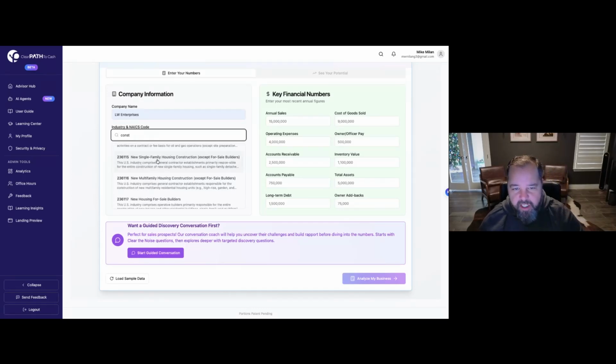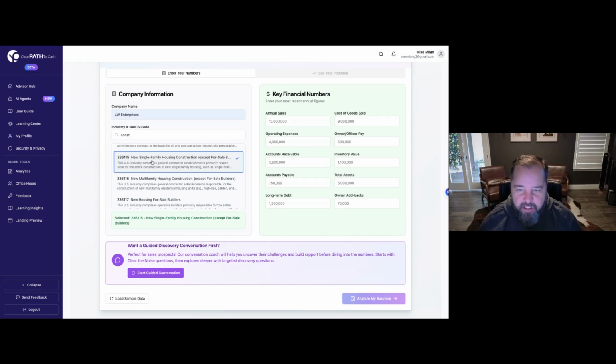Here it is. We'll say it's new single family housing construction, or whichever one it is. The point is, you just start typing in keywords. I try to point you to the exact place where the industry data is located. This has a complete database of all the industry data based on NAICS code. All you do is pick which one you want to use and then start.